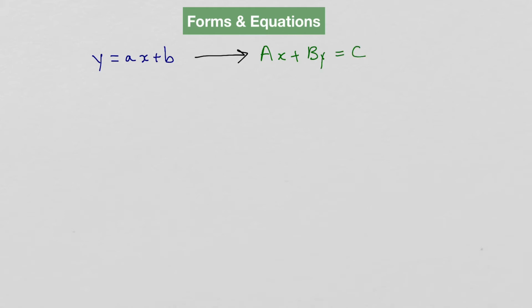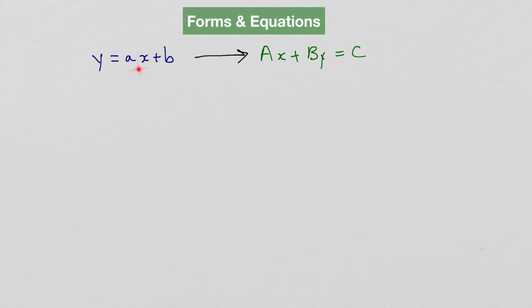Okay. What this means is we already have y on the left side of the equation, which is what we want. Now we got to move this x term to the left side of the equation so that it looks like this. In order to move this from the right side of the equation to the left side of the equation, we have to subtract ax to remove this because we're adding this term.